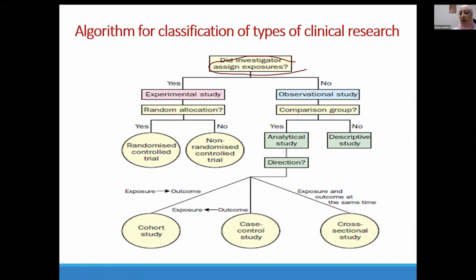And then we have two arms. We have either observational studies or experimental studies, which are very well known as clinical trials. So I'm going to jump this slide very quickly and then move on, because I'm going to go into detail later on with what I'm going to talk about in my second presentation.